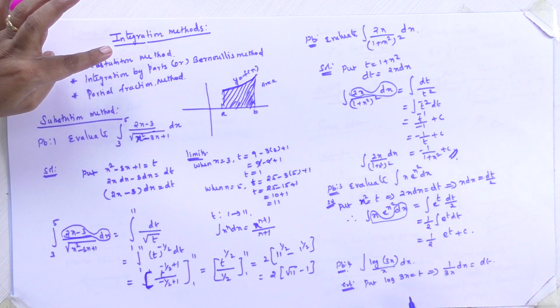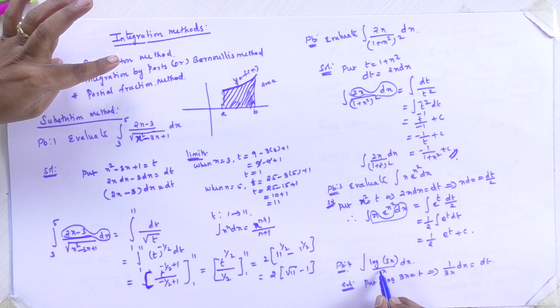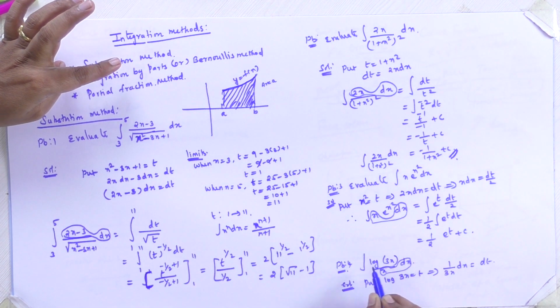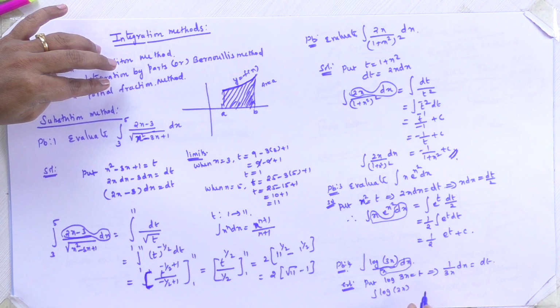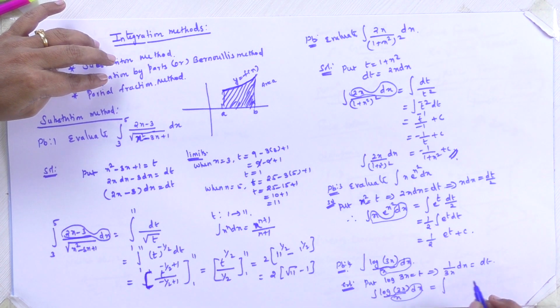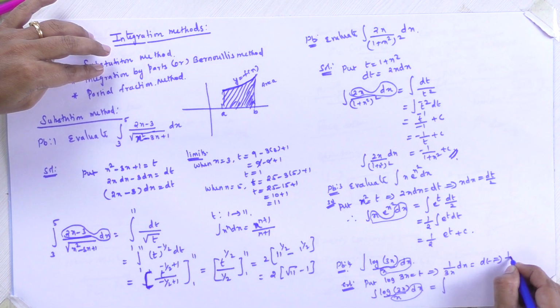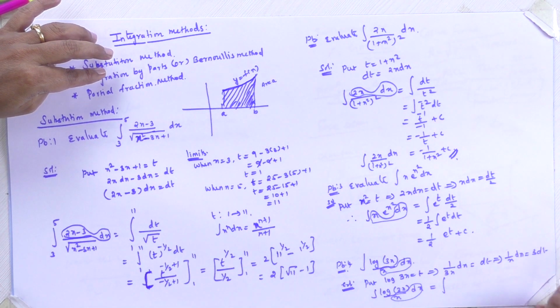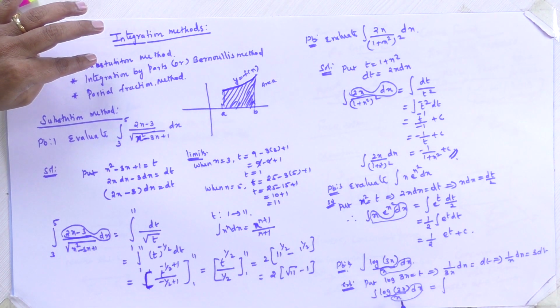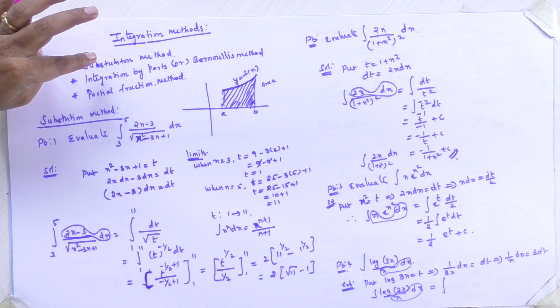There is no limits. So we have 1 by x into dx only in the given equation, that is log of 3x divided by x into dx. That is, 1 by x into dx can be written as dt, because in the function we are having only 1 by x.